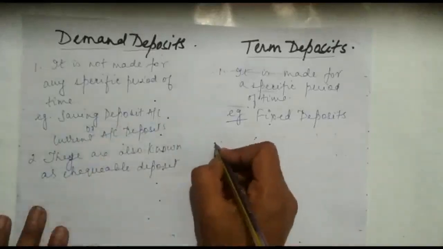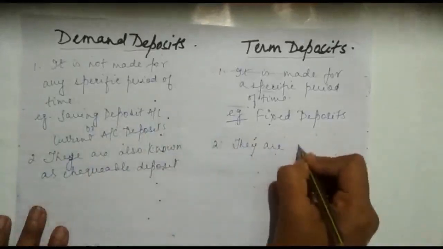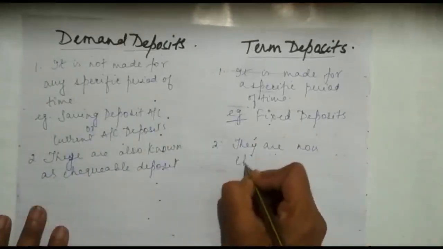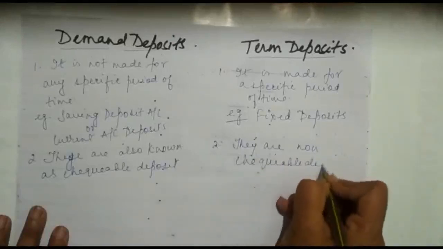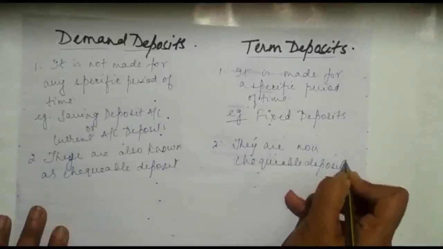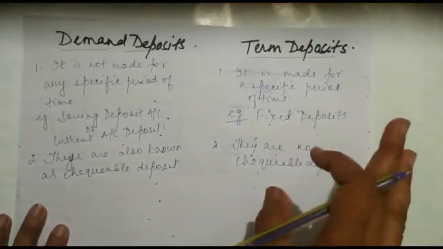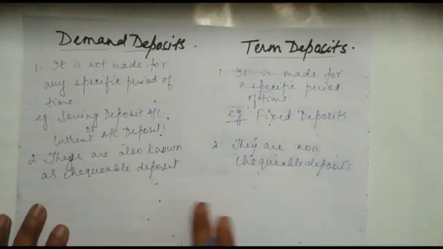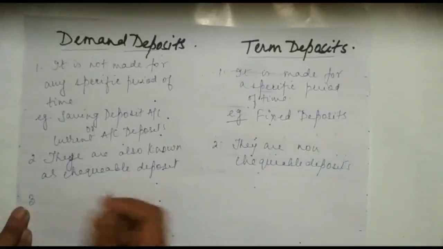Term deposits are non-checkable deposits. Money cannot be withdrawn by writing a check. Over here you can write that money can be withdrawn any number of times.